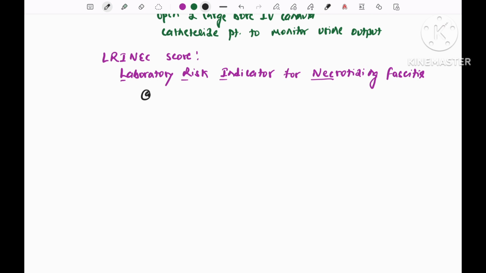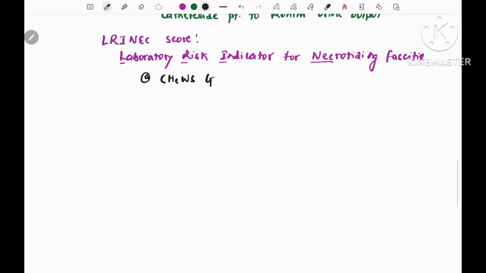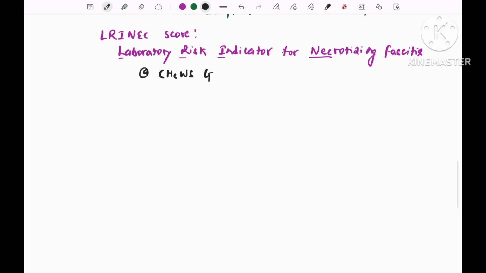So the mnemonic is CHEWS G. At first, C means CRP. If the CRP value is more than 150 mg per liter, then the score is 4.